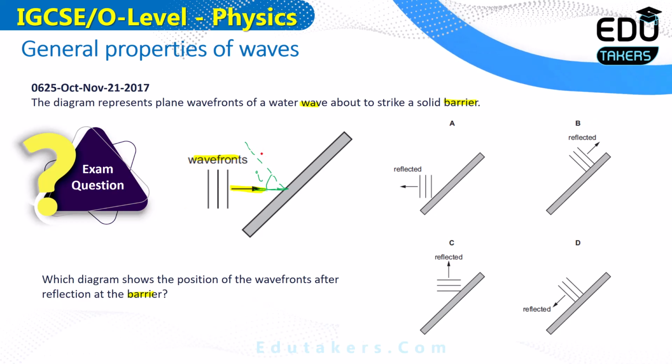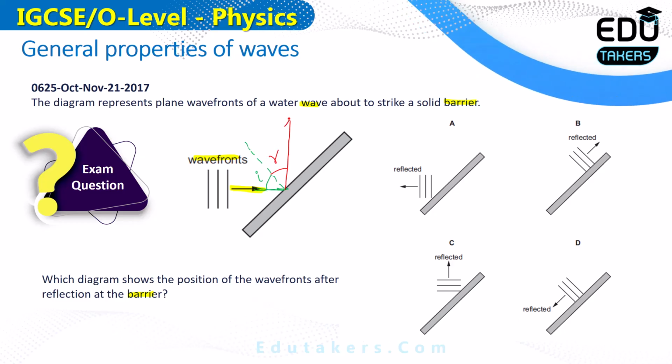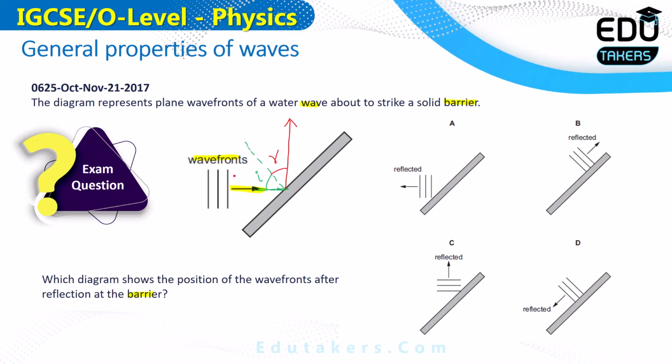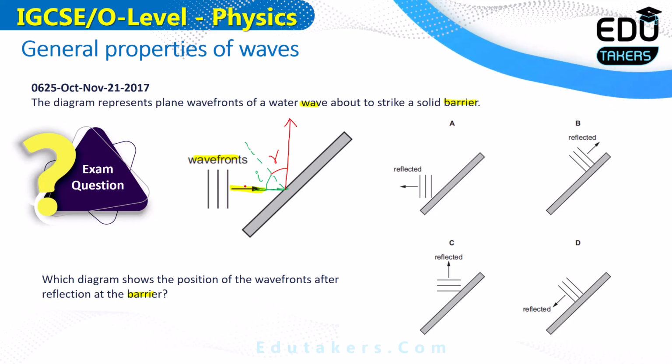So the reflected ray moves in an upward direction, so that the angle of reflection equals the angle of incidence. This red line shows the direction of the reflected ray, and you can also see in the figure that the wavefronts and the direction of travel of both are making an angle of 90 degrees.